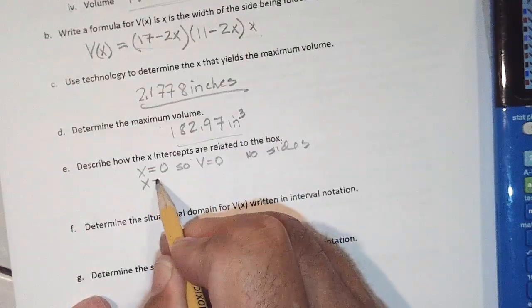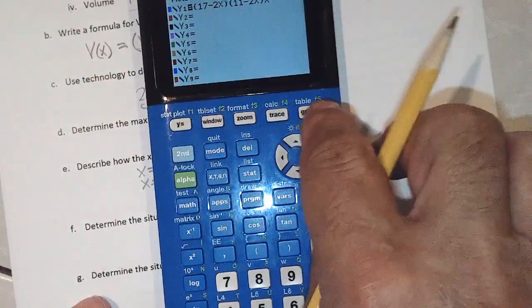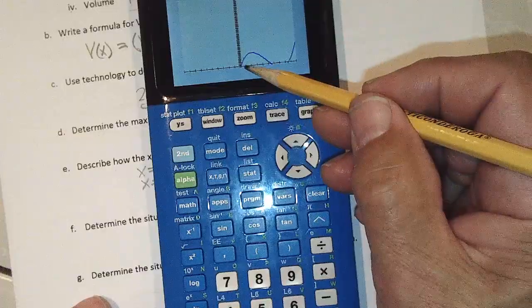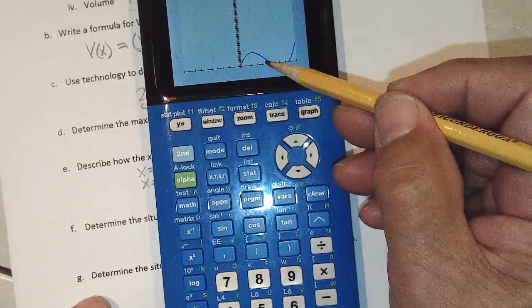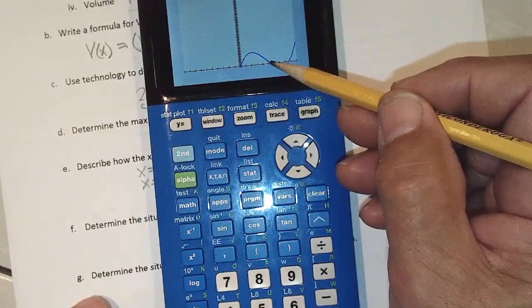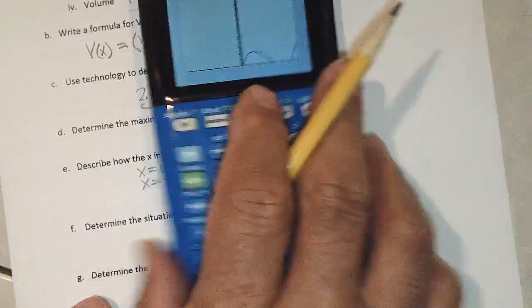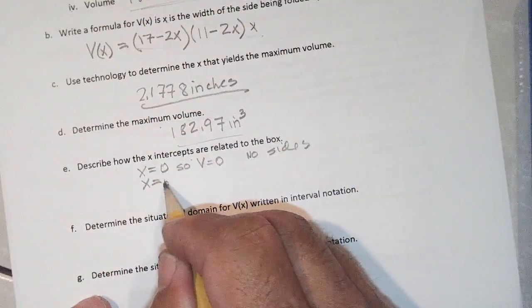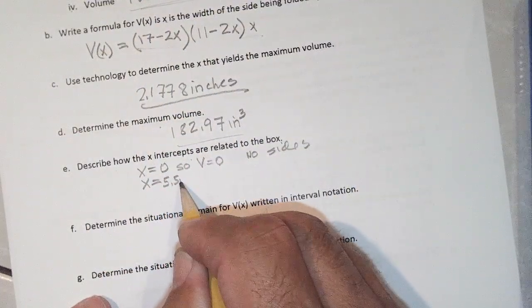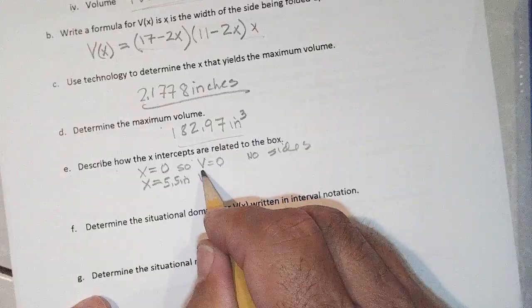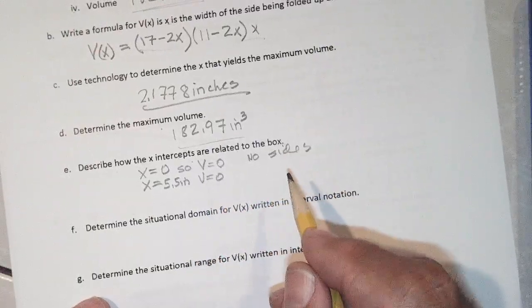When x is equal to 1, 2, 3, 4, 5 and a half, the volume is 0. Why?